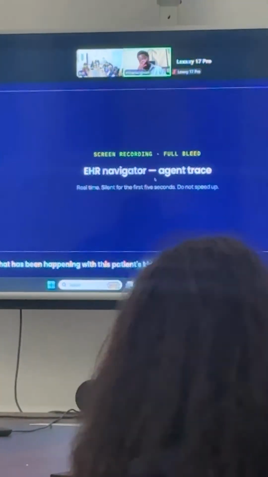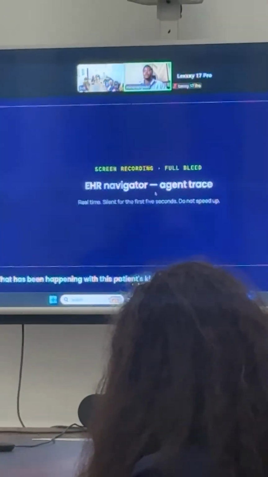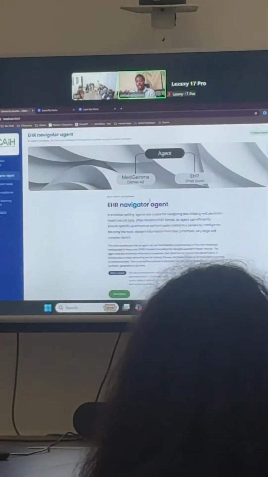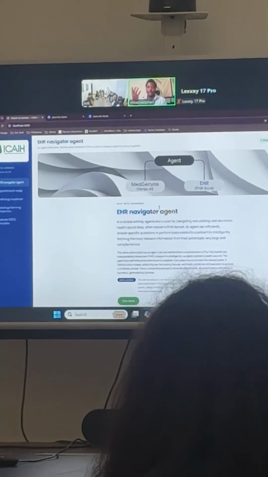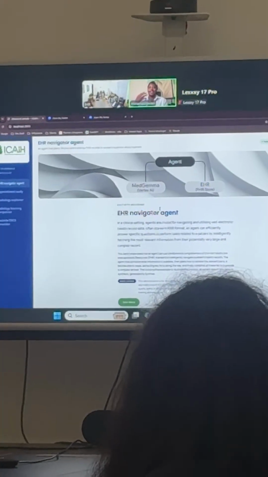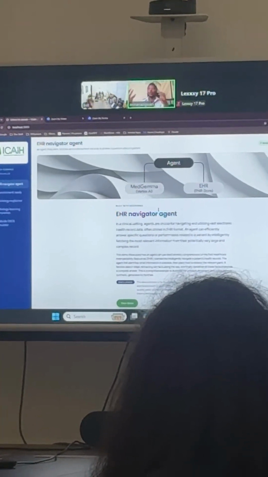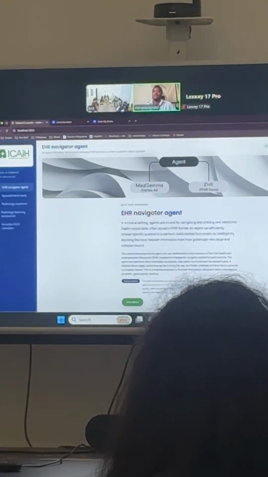And I'm actually sure you guys will see a demo, which I have here, which is an EHR navigator. It's just kind of to visualize how it works behind the scenes.